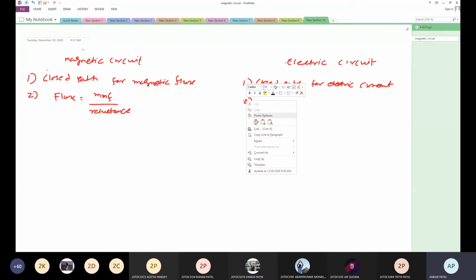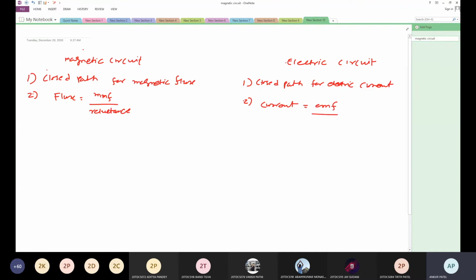Anyone? No, in magnetic circuit we have flux. So what do we have for electric circuit? Yes, current. Good. Current is equal to EMF upon resistance.